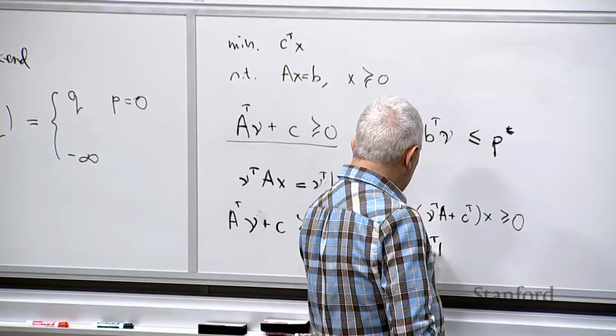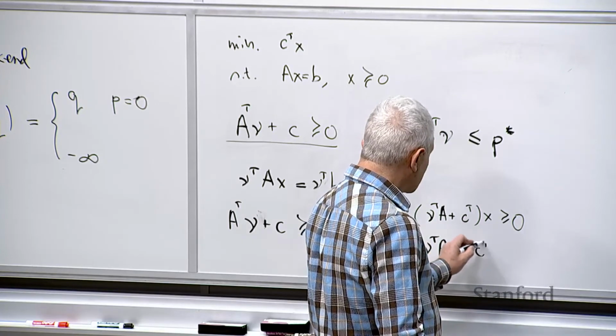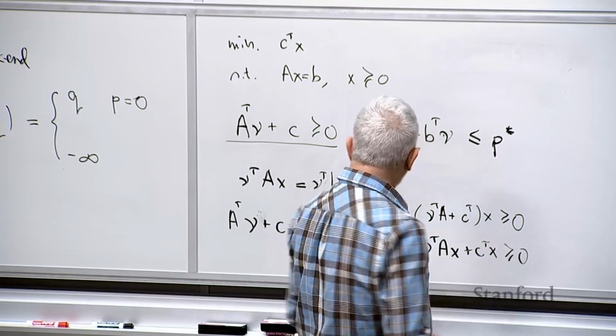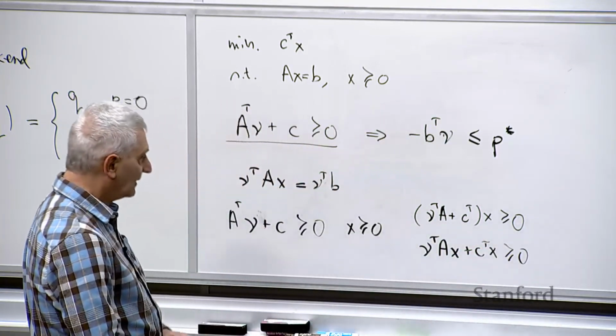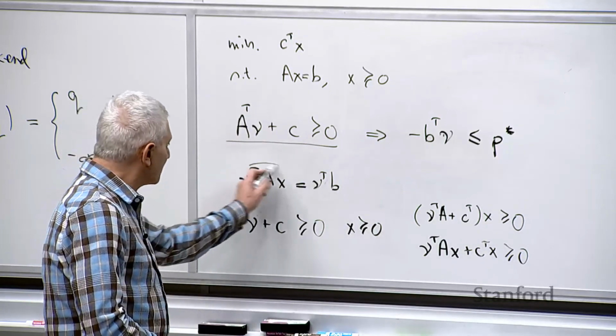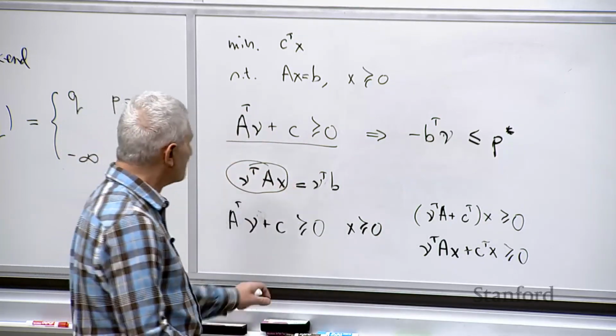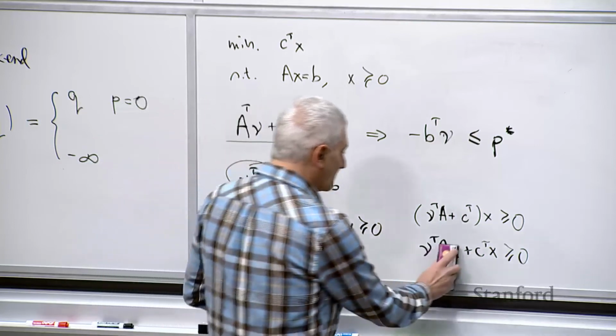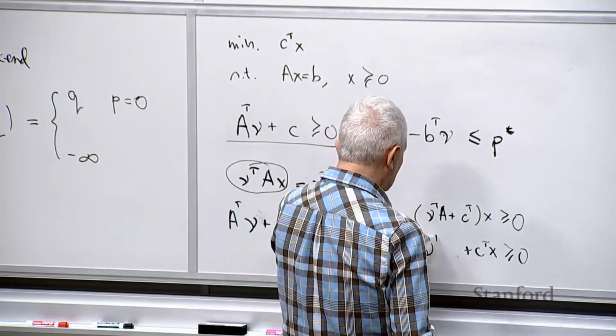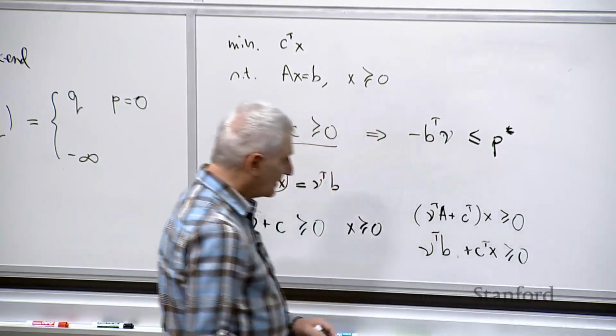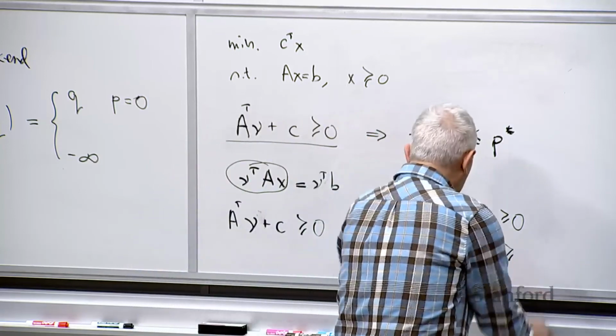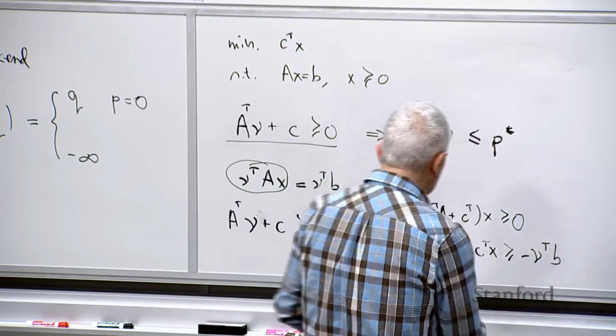You get nu transpose AX plus C transpose X is bigger than or equal to 0. But wait a minute. This thing is equal to nu transpose B, right? So this is nu transpose B. And then I put this over here, and I have minus nu transpose B, and I get this.